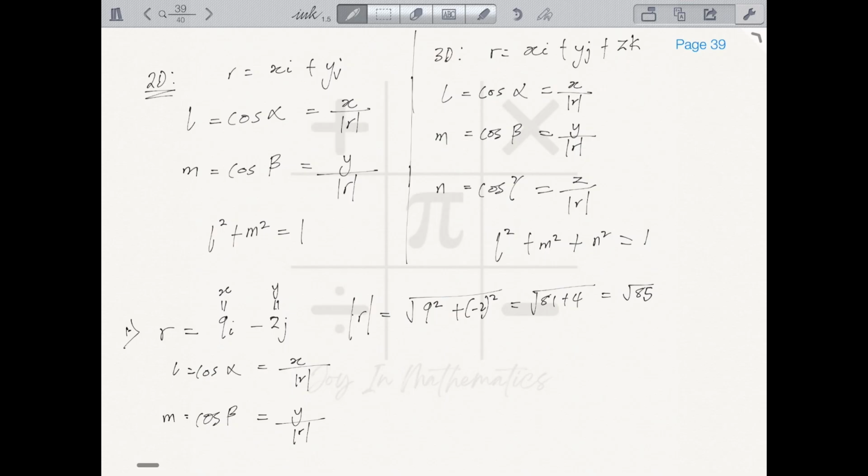Now cos alpha is x divided by modulus of R. So the value of the x coefficient here is 9, 9 divided by the modulus of R, which is root 85.